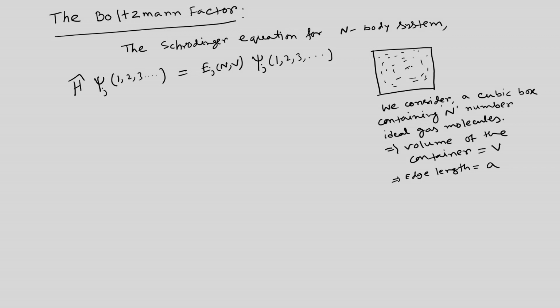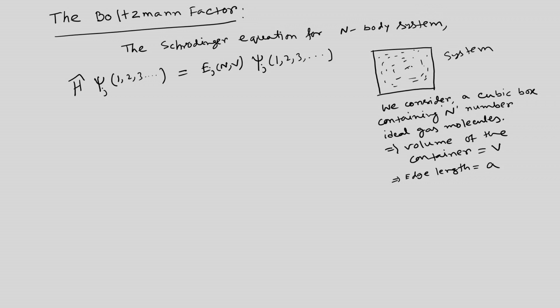So this is our system that we are considering. The system is like a cubic box containing n number of ideal gas molecules, and the volume of the container is V and the edge length of the box is A. So V is nothing but A to the 3, right.